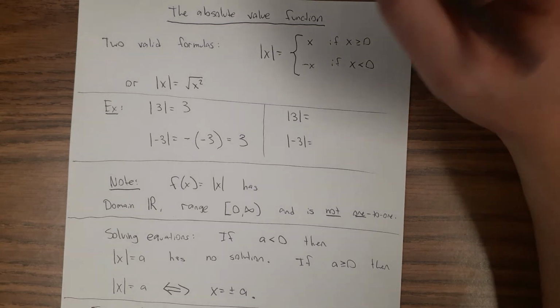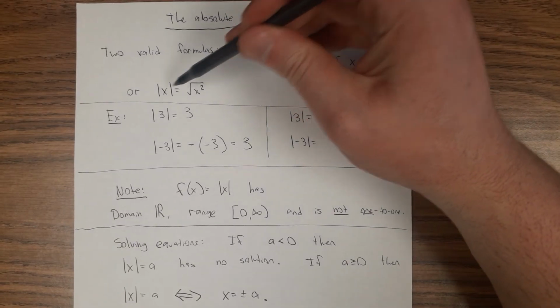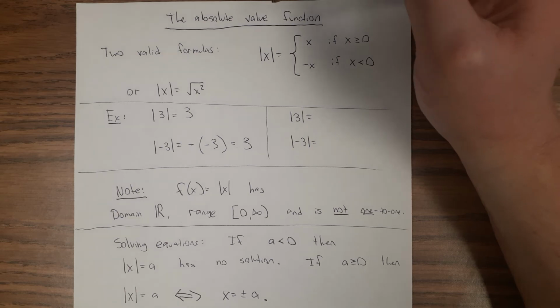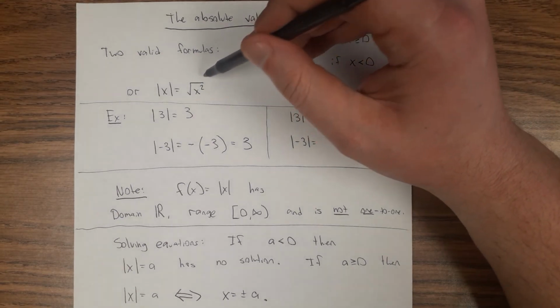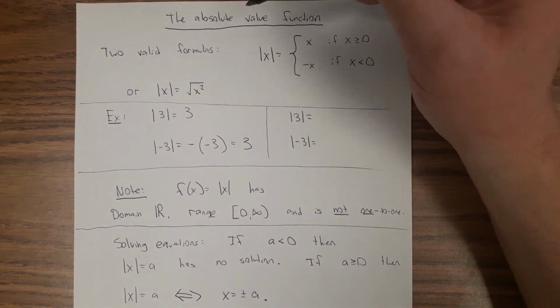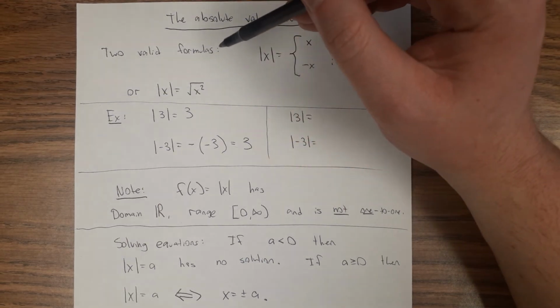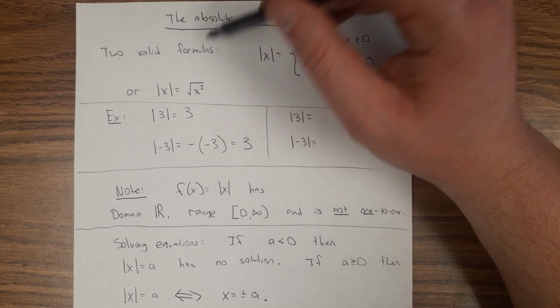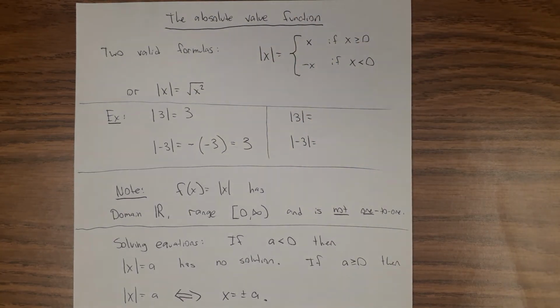Let's talk about the other formula. Absolute value of x equals the square root of x squared. This is another one that can sometimes confuse people because they say, well, the square root of x squared should just be x. It's just not always the same as absolute value of x. Formally, if you automatically just take the square root of x squared and replace it with x, you're making a mistake.